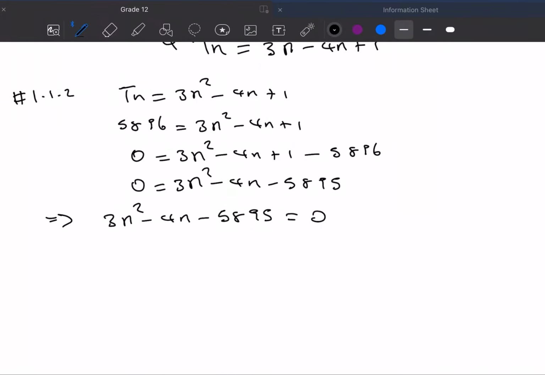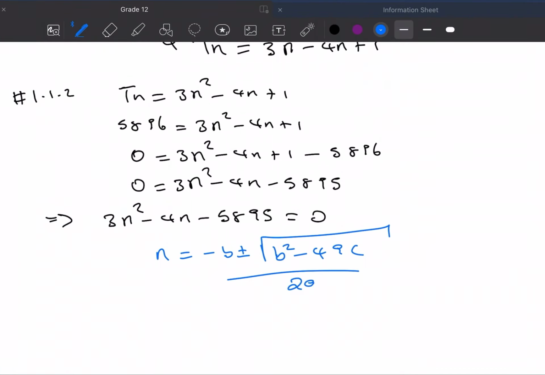So let's go. The quadratic formula says n is equal to minus b plus or minus the square root of b squared minus 4ac, divided by 2a. What is your b?